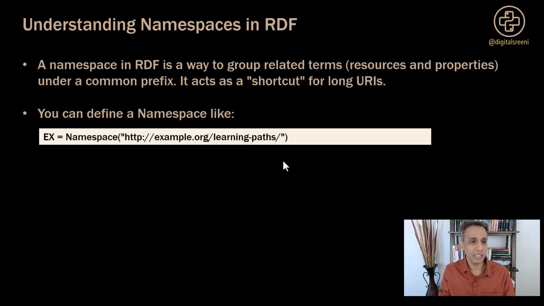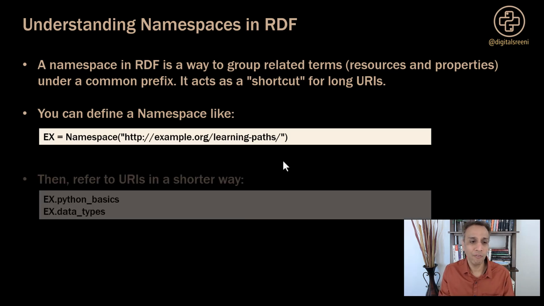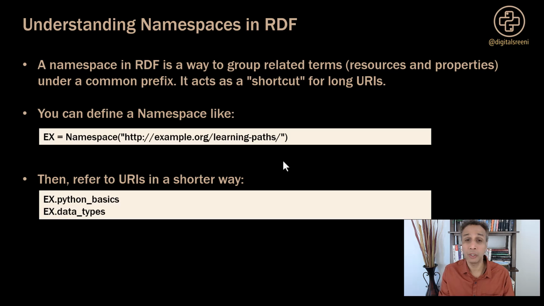You say ex equals namespace, whatever namespace you want. And then when you define, for example, Python basics, you can just say ex.python basics. So this is again the basics of how you would define RDF-based nodes and edges in Python. That's pretty much it when working with the RDFlib library.